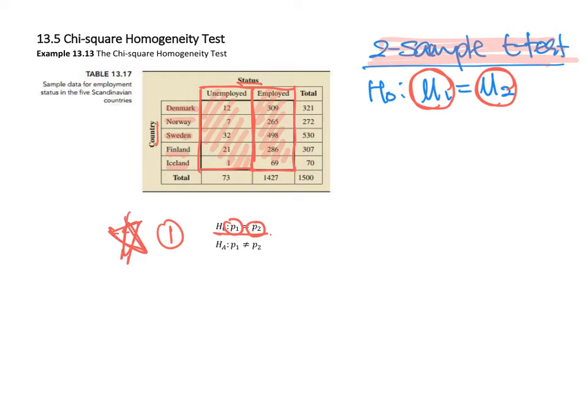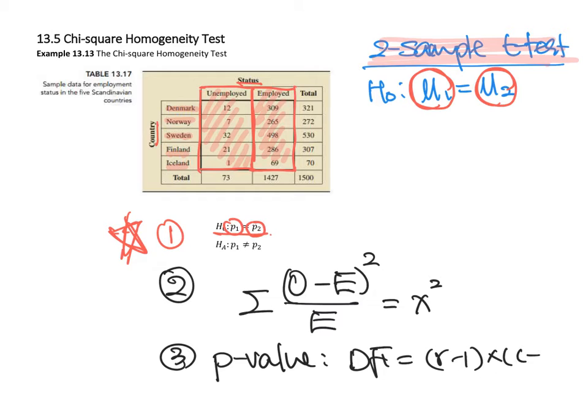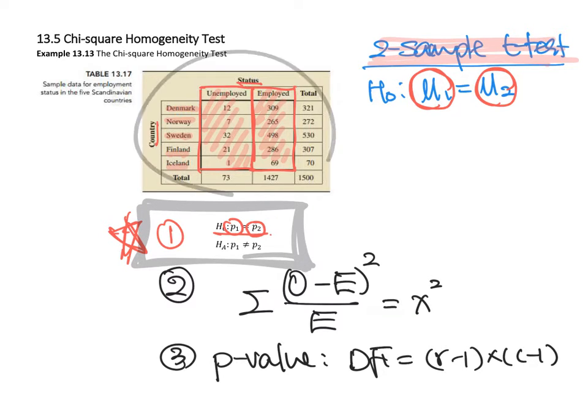The test statistic will be the same: the observed minus the expected, squared, over E, then take the sum, so take the chi-square test statistic and the p-value. The degree of freedom is the same as R minus 1 times C minus 1. So only the null hypothesis, step 1, is different, from the data structure.